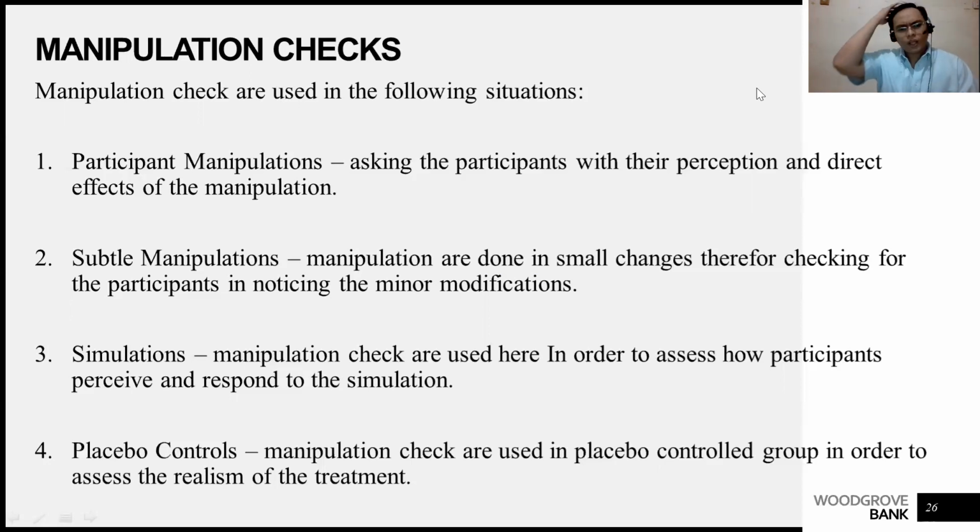So number four, placebo controls. Manipulation checks are used in the placebo control group in order to assess the realism of the treatment. Okay, after the experiment, you need to tell them that the medication or the treatment they received is a placebo. If the participants are unaware of the placebo, it can produce different results compared to the participants that are aware that there is nothing happening to them.